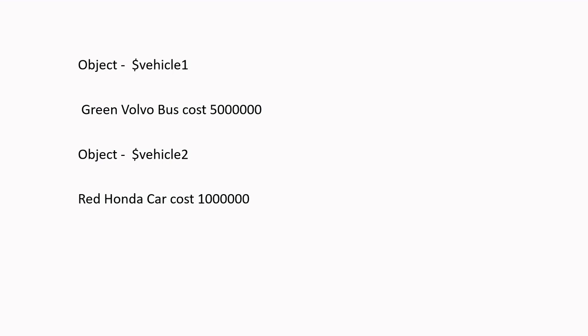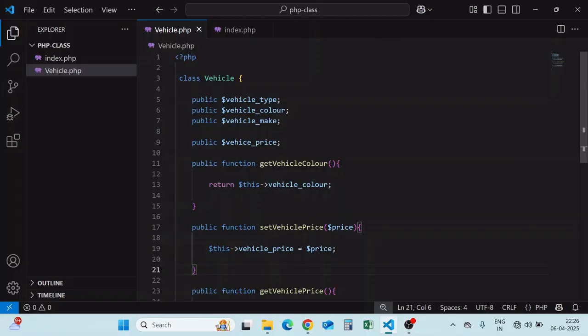Similarly, for object vehicle 2, red Honda car cost 10 lakhs. Now let us create a method inside vehicle class to perform this task. We will set method visibility to public so that we are able to call the method from index.php.